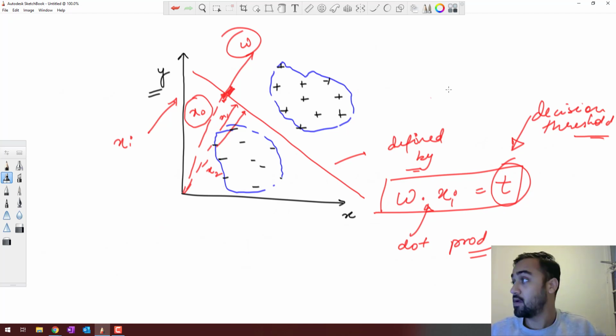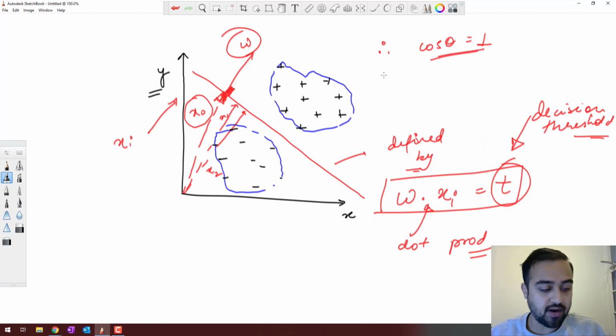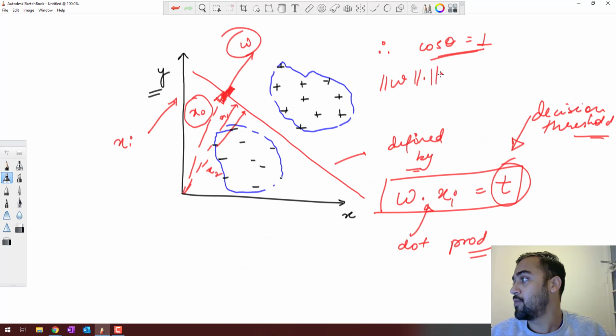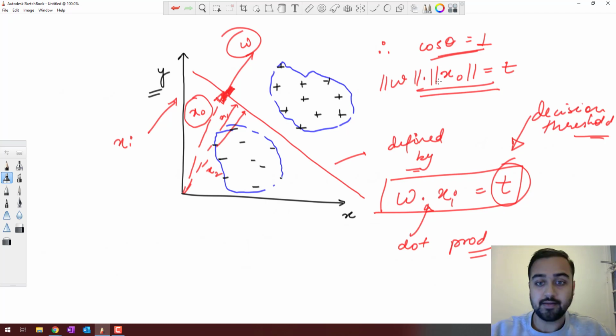So as you can see, x and w point in the same direction, therefore cos theta will become 1. Therefore their dot product is nothing but a product of the lengths of their vectors, right?